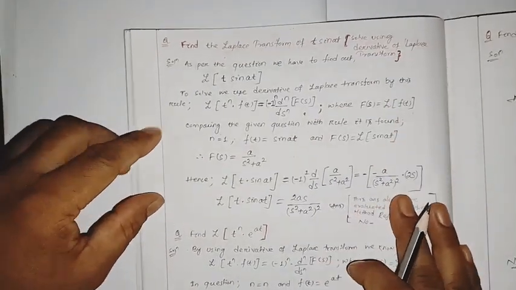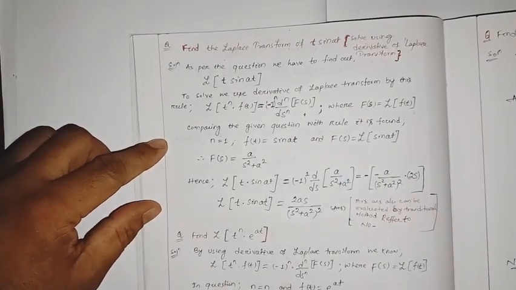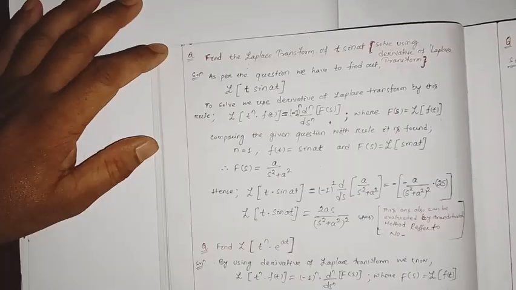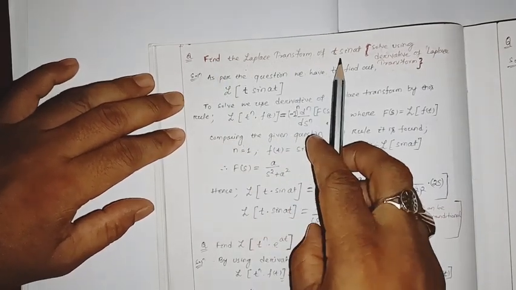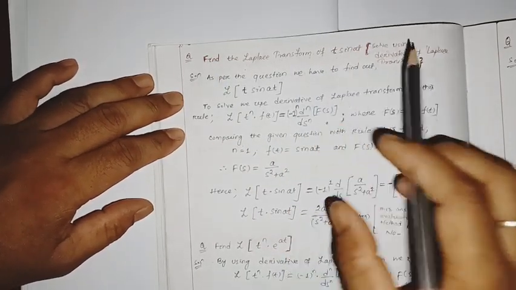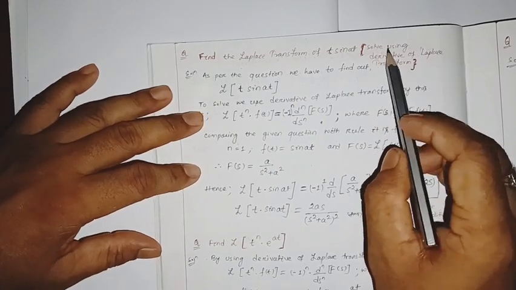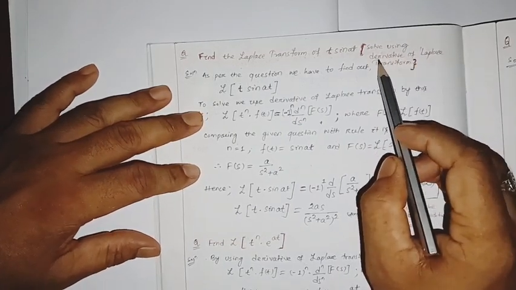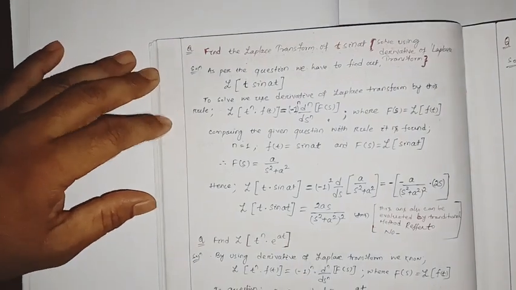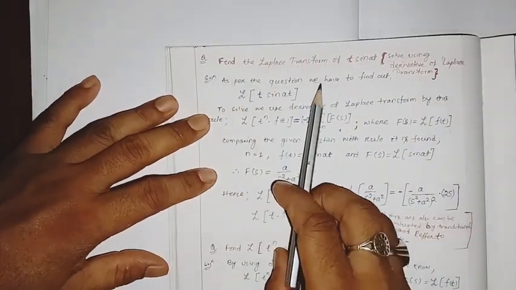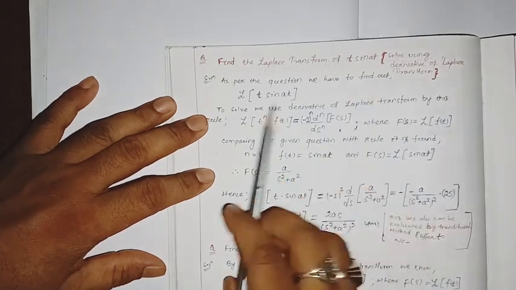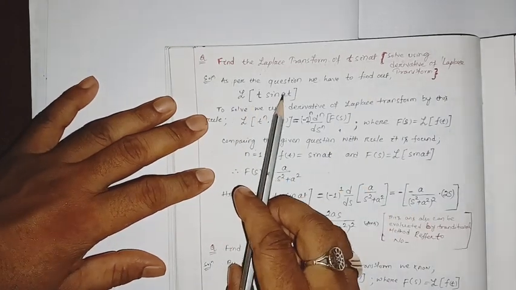Now we are going to go for the numericals based upon this property. Okay, first numerical is this one: find the Laplace transform of t sin at. Here in bracket I have written, solve using derivative of Laplace transform. As per the question we have to find out the Laplace transform of t sin at.